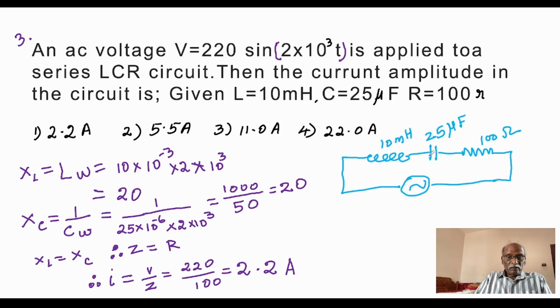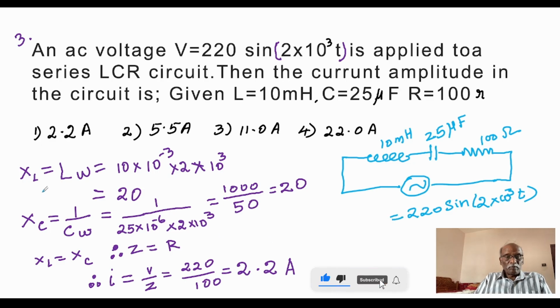All these three things are given, and the voltage is given here, 220 sin 2 into 10 to the power 3 t. This means omega is 2 into 10 to the power 3. This is the voltage. We shall now calculate one by one. XL.